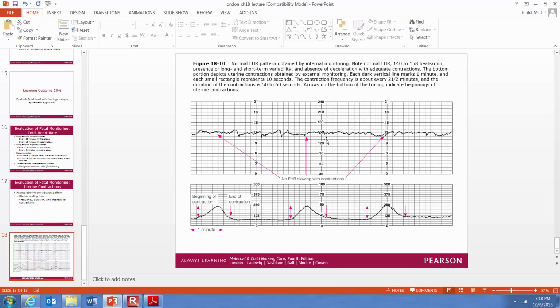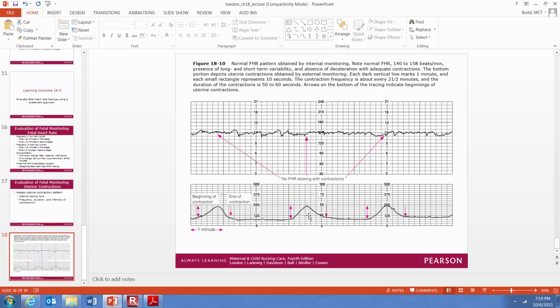This next line that's not marked with a number, that's 130. So there's 10 beats of fetal heart rate between these two lines. The next line is 140. It's not marked, but that's what the next line is because it's 10 beats. 10 more beats gets me at 150, and you guys can catch on, okay? So that's the way the fetal heart rate traces across there.